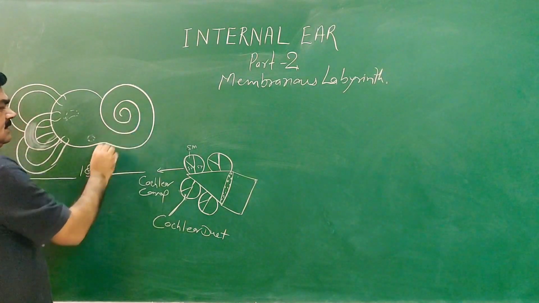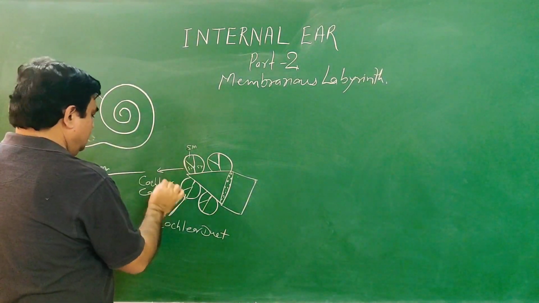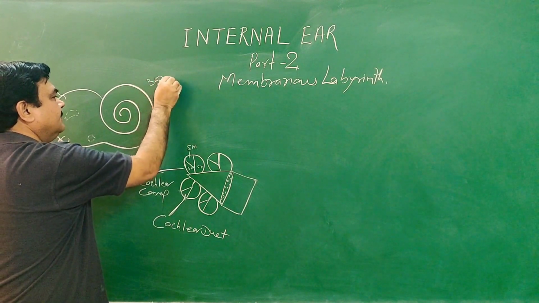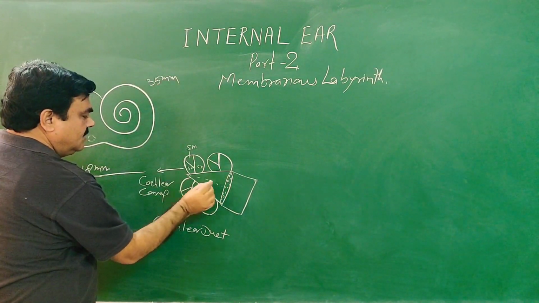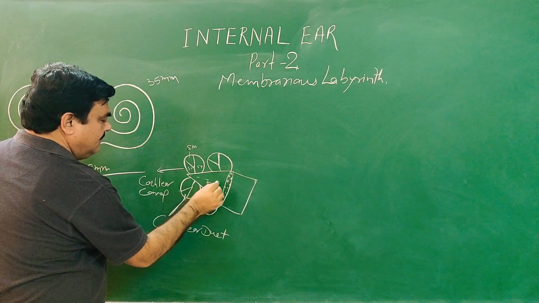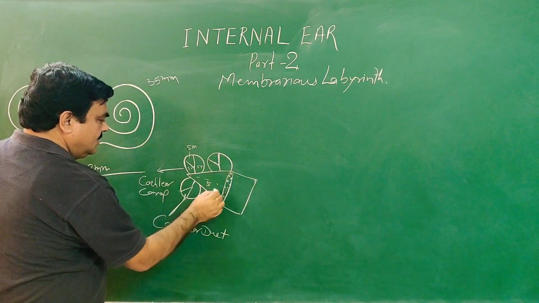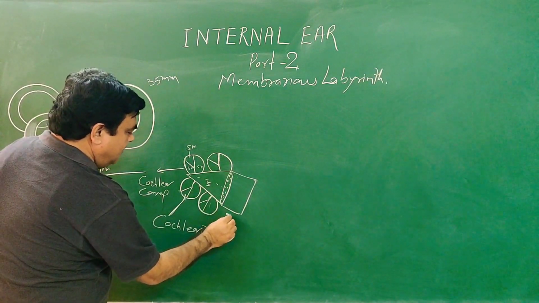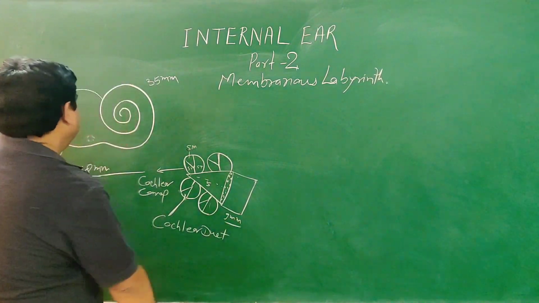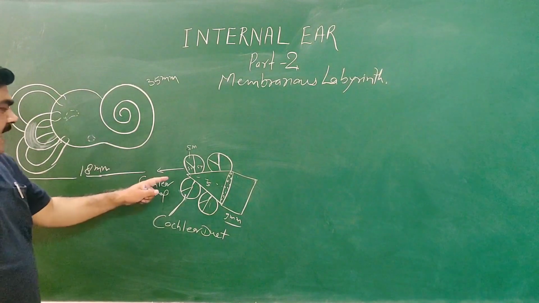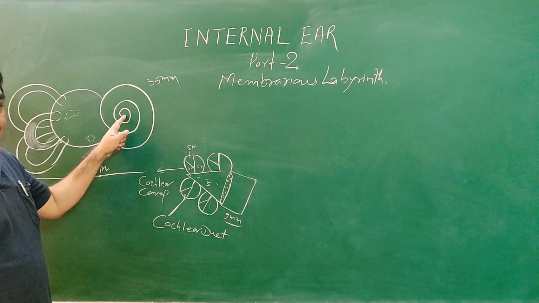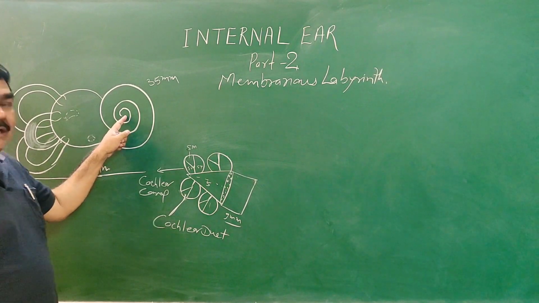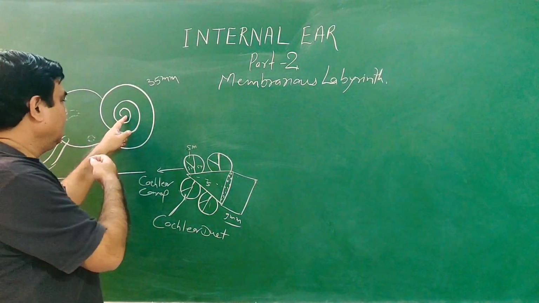Cochlear duct. This cochlear canal or duct length is about 35 mm. From here to here is 5 mm. From here to here, at the base, it is 9 mm. And the direction of this apex or cupula is on the lateral side.